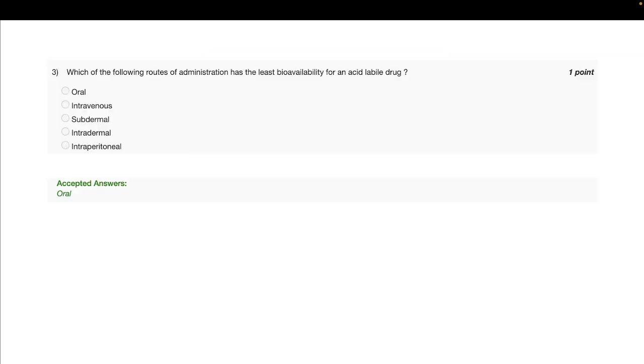So as per the question, which of the following routes of administration has the least bioavailability when your drug is an acid labile drug? The correct answer will be oral, because since it is an acid labile drug, most of it will be degraded in the acidic pH found in the stomach. From the given options, the only way the drug can reach that acidic pH is through the oral route. Everybody else will bypass the GI tract.